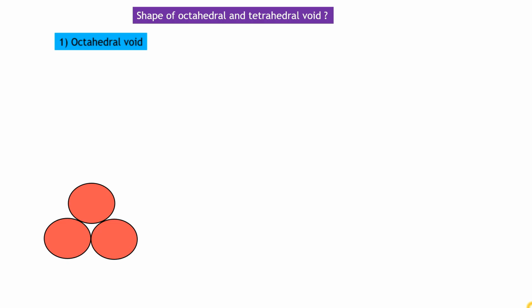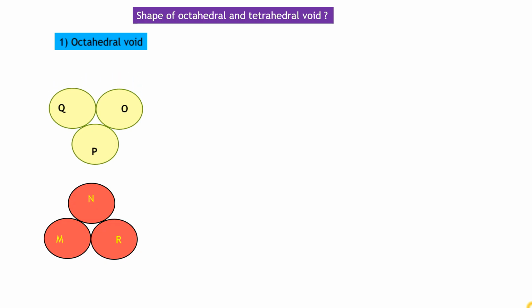Shape of octahedral and tetrahedral voids. First, the octahedral void. Consider three spheres N, M and R representing the lower layer, and spheres Q, O and P representing the upper layer.